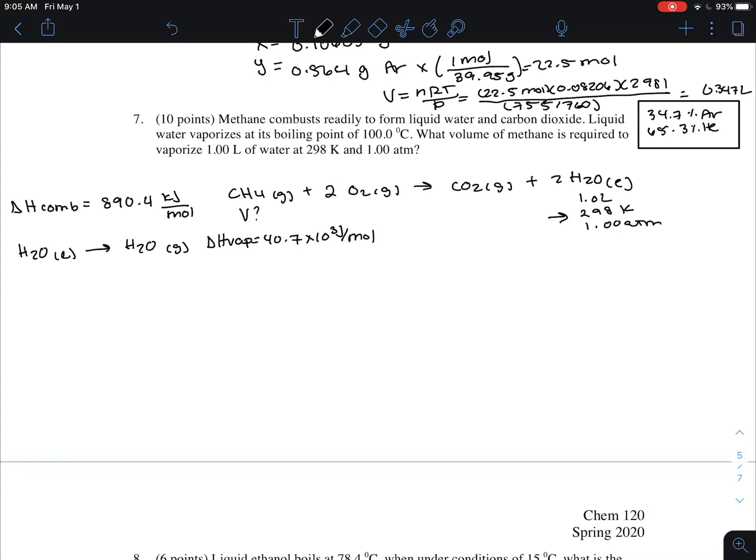I also know that it just doesn't happen at once, because note how the combustion was at 298 Kelvin. That's not 100 degrees Celsius. That's 25 degrees Celsius. So the combustion was at 25 degrees Celsius.